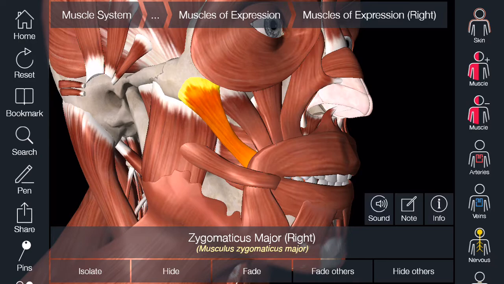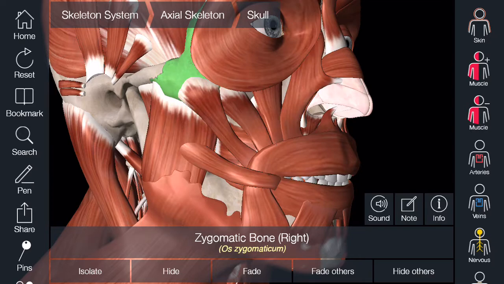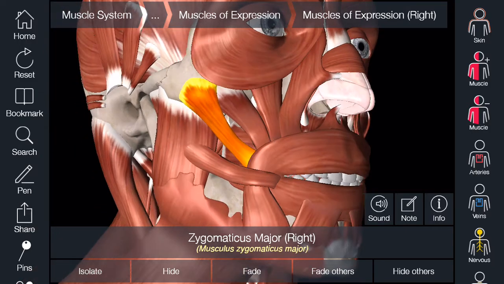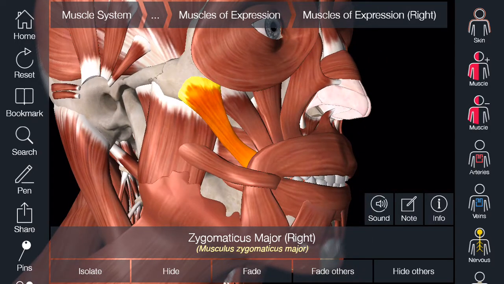And the action of that is it raises the corner of the mouth laterally. The origin is the zygomatic bone, which would be this guy. And then the insertion point is the skin and the muscles at the corner of the mouth.